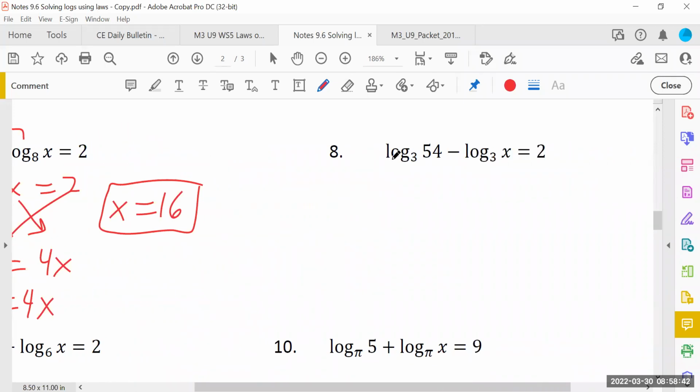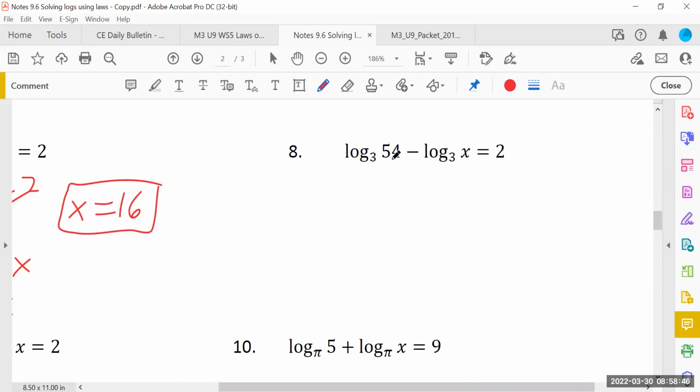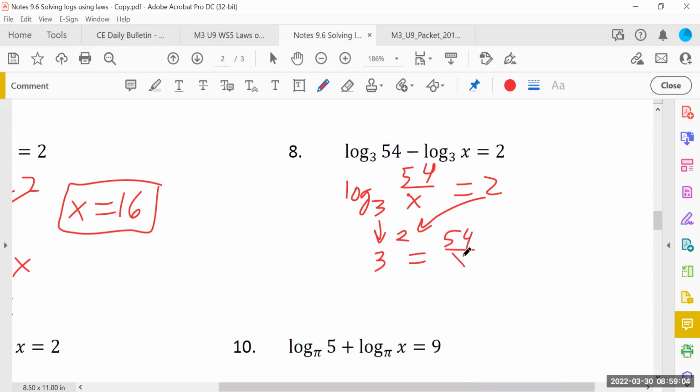Number 8. Same thing. Log base 3 of 54 over x equals 2. 3 comes down. 3 to the 2nd power equals 54 over x.